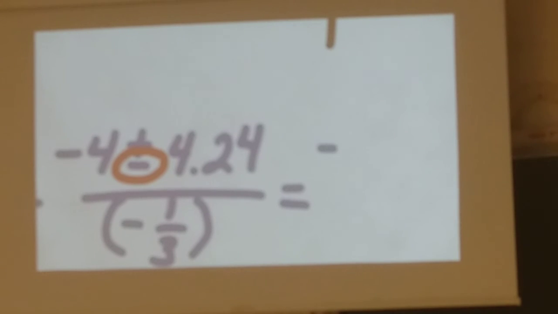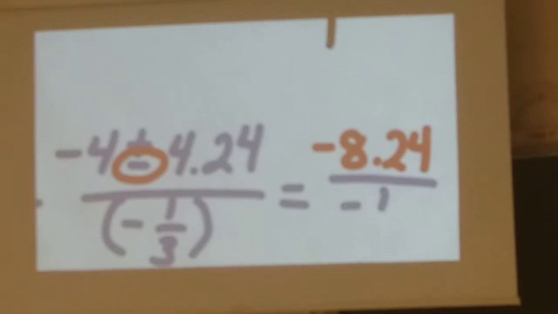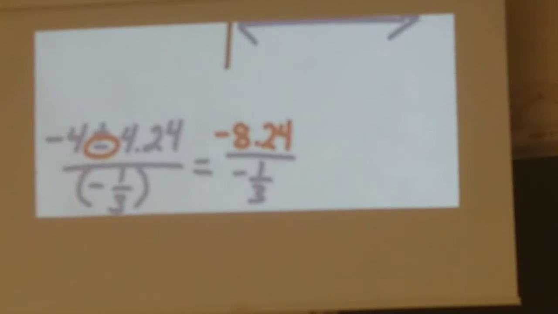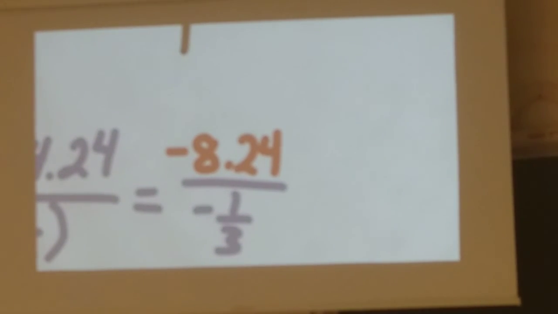Because when I do the subtraction only, I'm going to get -8.24. And two negatives, when divided, make a positive. So I don't need to find both answers. -8.24 divided by -1/3 is going to give me my positive answer, which is 24 and a little change, about 24.72.